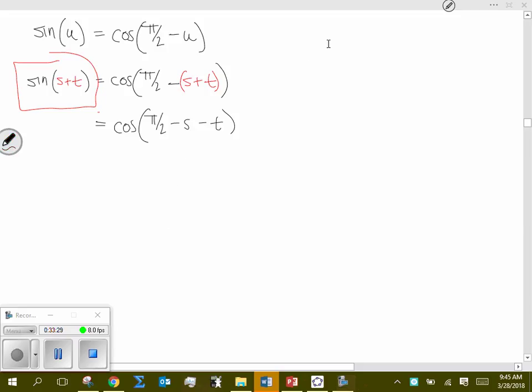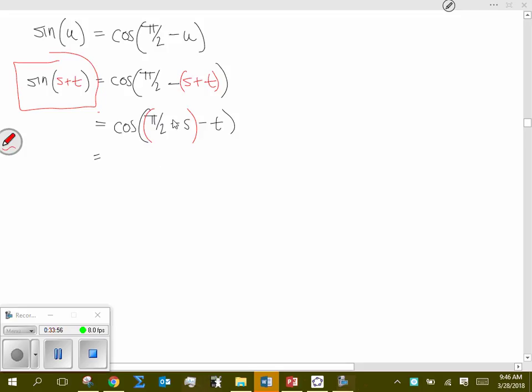Now, if I had like 2 minus 3 minus 4, maybe I don't want to write it this way. Let's just use the associative property and group those two. Do that subtraction first. Does that make sense? Okay.